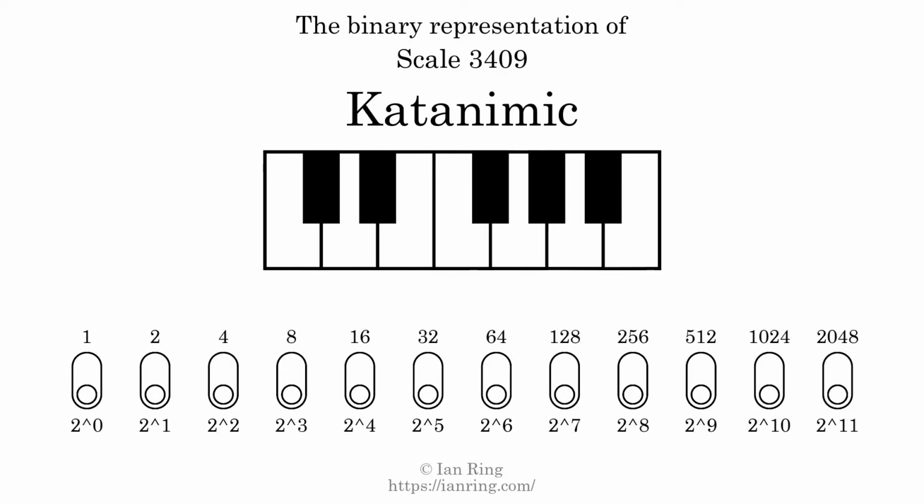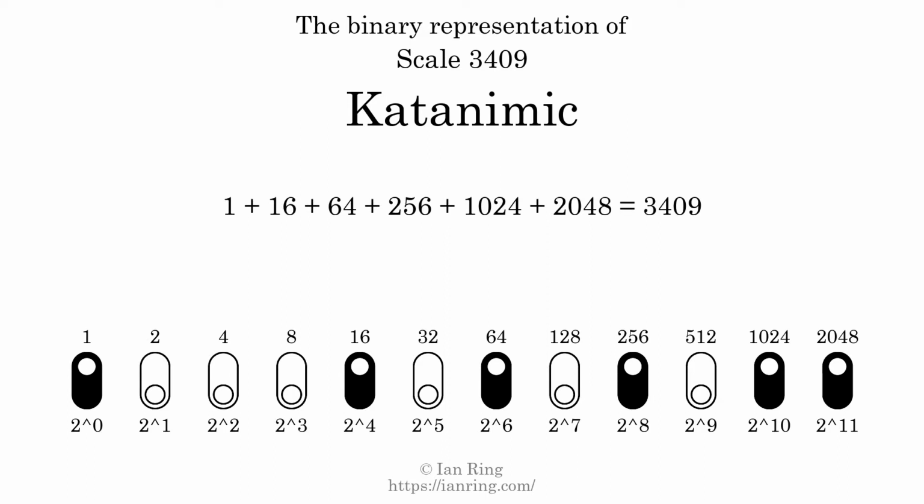The binary representation of this scale is determined by mapping tones of the scale to binary digits. Each binary digit represents a power of 2. To get the scale number, we add the powers of 2 together. The powers of 2 that are present in the scale, all added together, equals 3409.